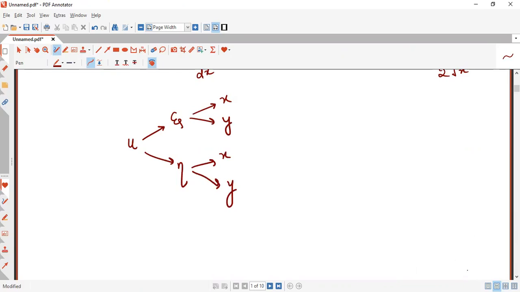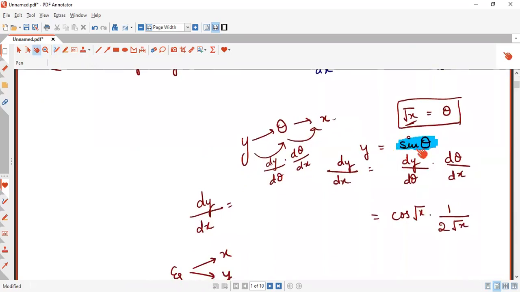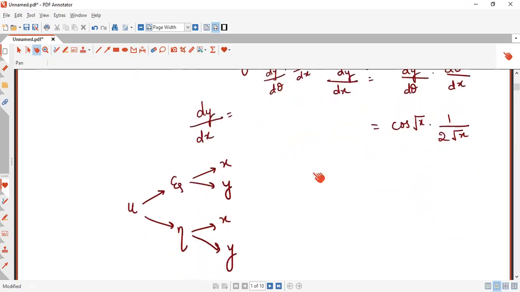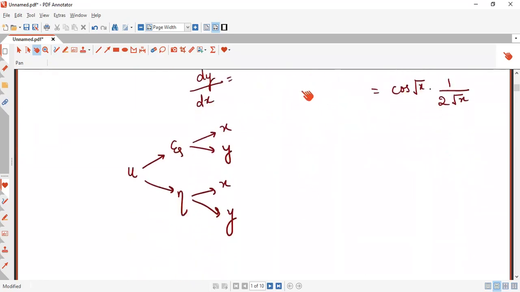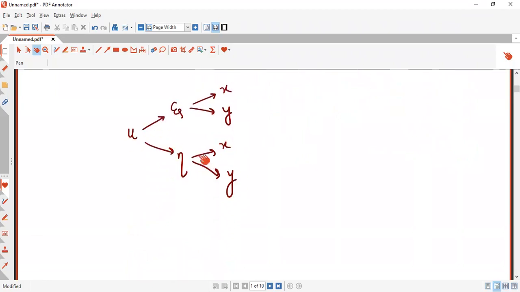Just compare it with the second order equation. I have substituted y equals sine theta, and theta was root x. That means y was in terms of theta and theta was in terms of x. Single variable here, x. But here u was in terms of xi and xi was in terms of x and y. That means there are two variables coming over here. Similarly with u, when in terms of theta, we are having theta in terms of x and y.